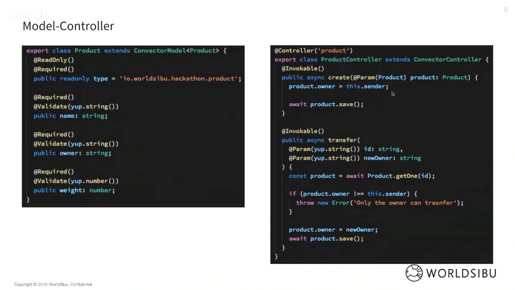This sender is a unique identifier, so you can use it to prove authority of ownership. You can use it to authenticate a user, for example, and you will see how in the transfer example, actually. So the transfer function is getting two arguments.